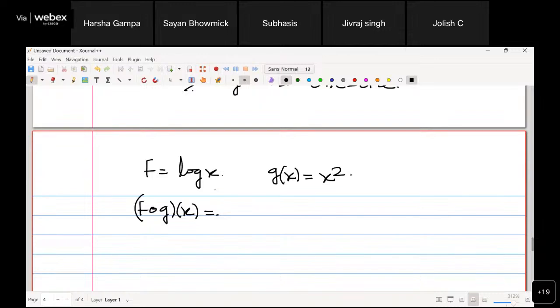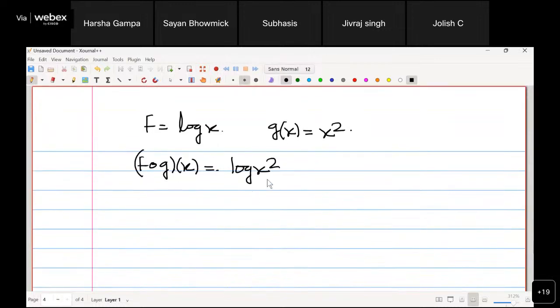Log of x square. And what is the domain of this function? Sir, the range of g of x... No, not range, the domain of this function. I have explained much more difficult cases, so you should now be able to solve the easier one.